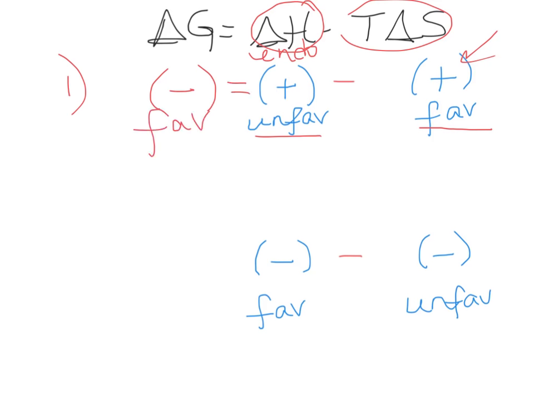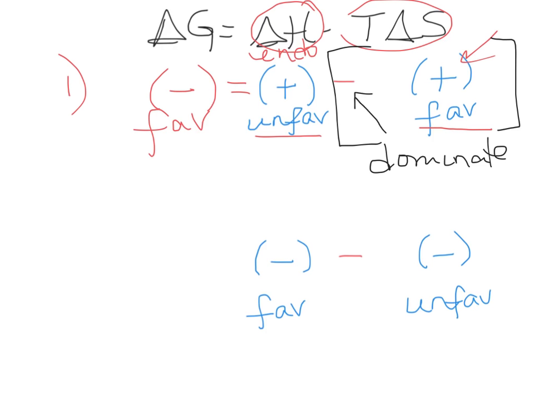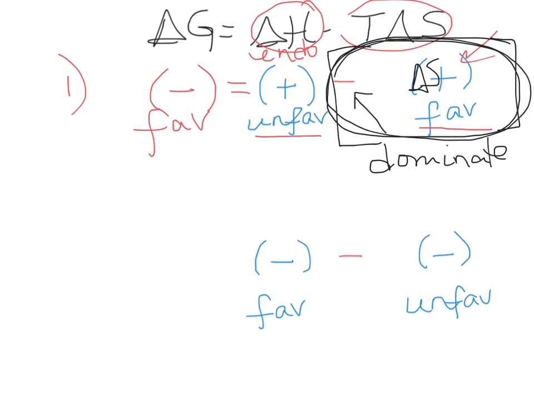Clearly, we want the T delta S term to dominate, because this negative sign is key here. The larger the delta S value is, the more negative, larger term this becomes, and therefore the better chance delta G has of being negative.